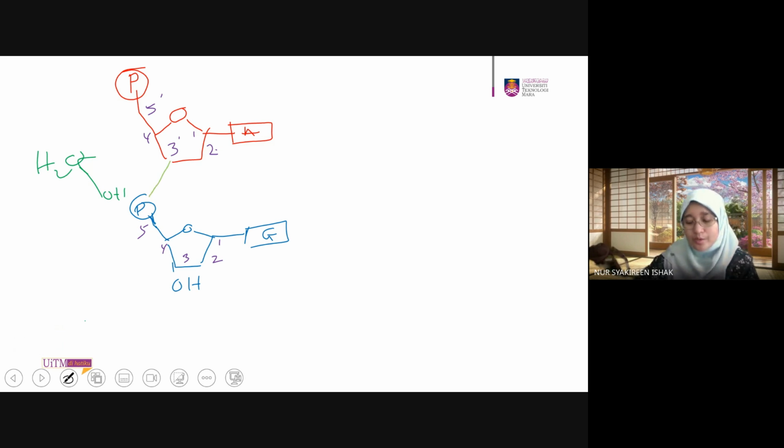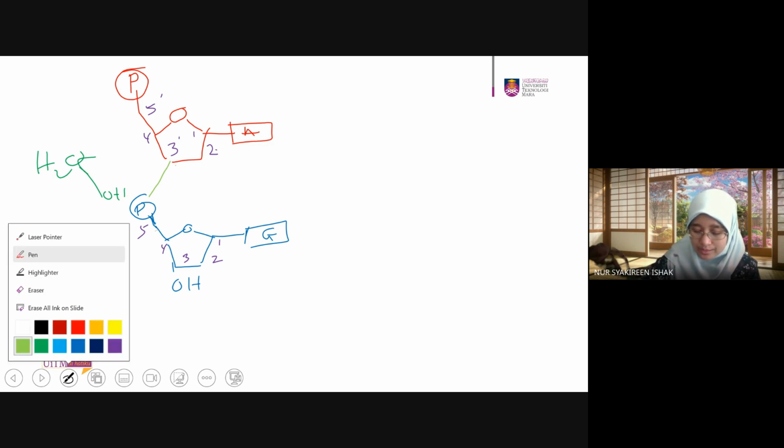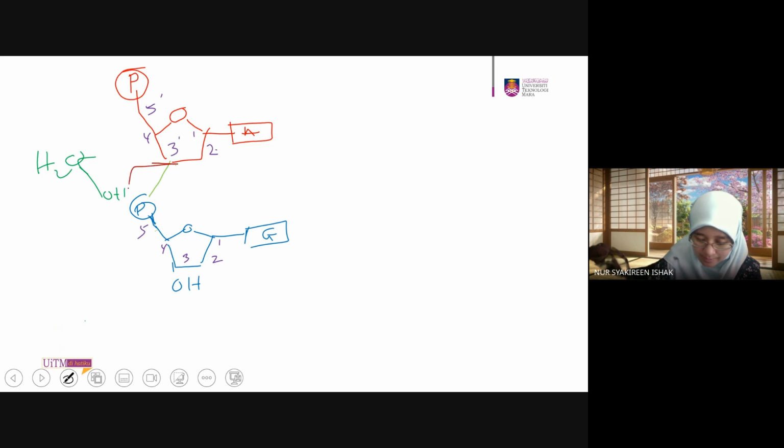So the bond between carbon number 3 and the phosphate that is attached to carbon number 5, we call it the phosphodiester bond. So the labeling must be here only, between here and here only. That is the phosphodiester bond.